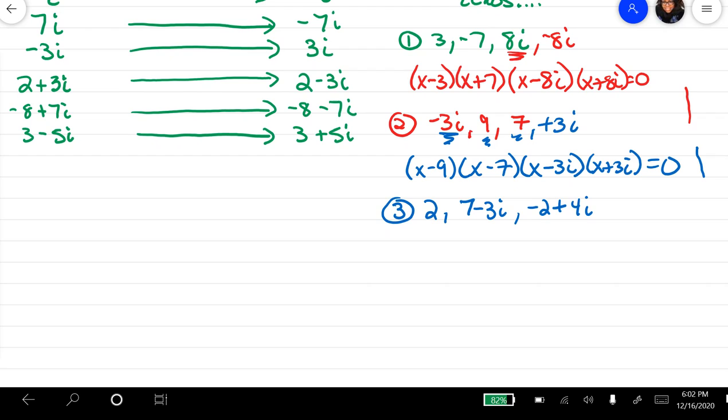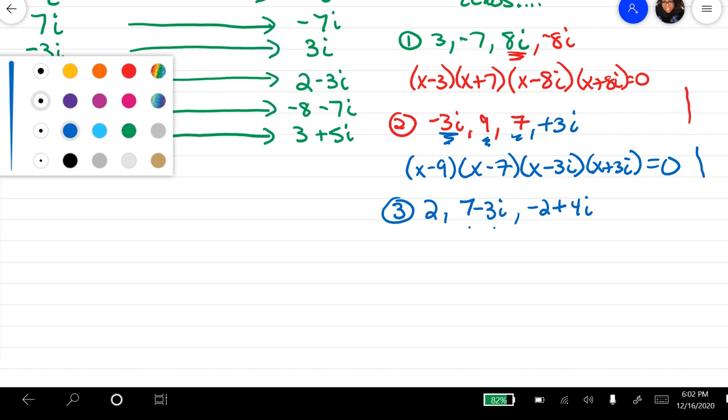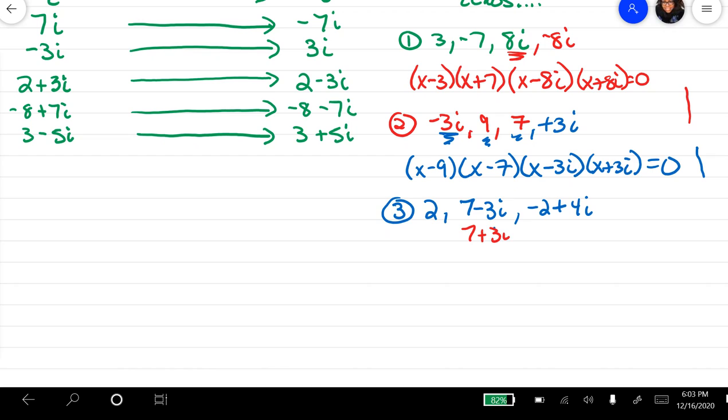Again, this tells us that if an imaginary number is the solution, then its conjugate is a solution. So I need to think about what's the conjugate of this. The conjugate of 7 minus 3i is going to be 7 plus 3i. The conjugate of negative 2 plus 4i is negative 2 minus 4i. Again, the only thing that changes sign is the i term, not the constant.